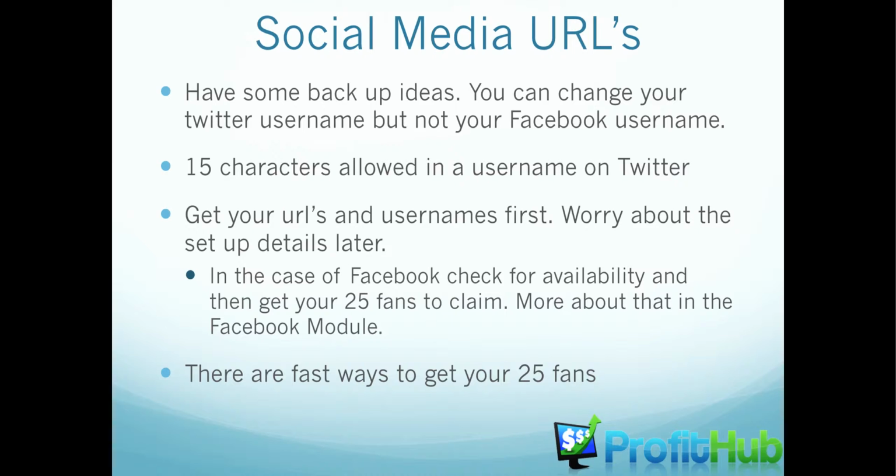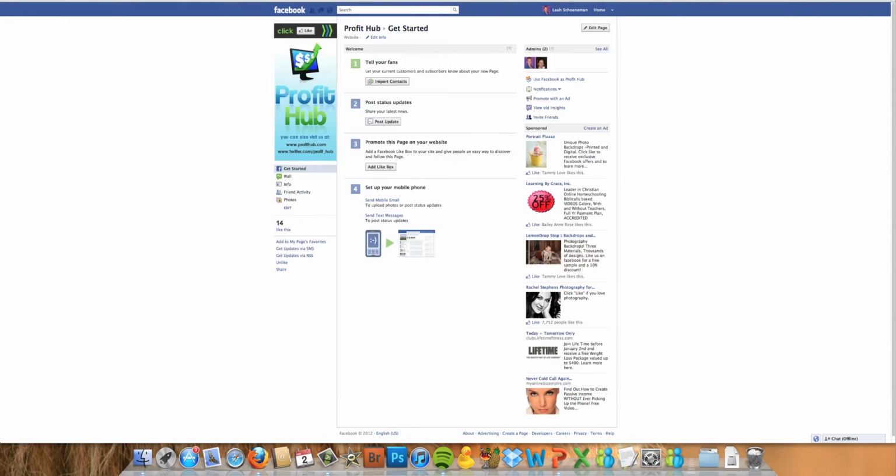In the case of Facebook, you can check for availability of a username, but you actually have to have 25 fans in order to lock it in and claim it as your own. And we'll go over that more in the Facebook module, but you would end up changing it or testing for it in here.